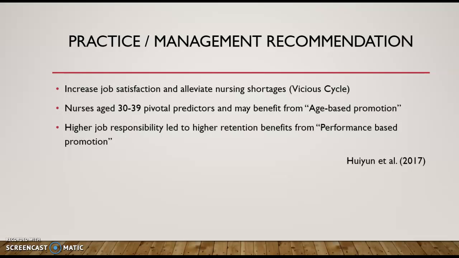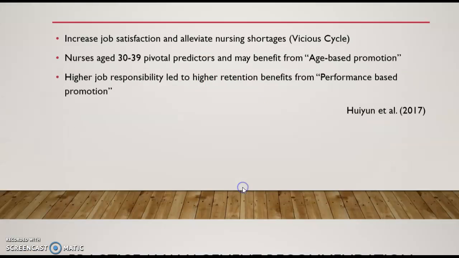So we need to focus on that age group in order to give them a little something extra to say, hey, we appreciate what you're doing, stick around and be pivotal in our institution. Also, a higher job responsibility led to higher retention. So if they felt that they were more important, a performance-based promotion could be utilized there to keep these people happy.